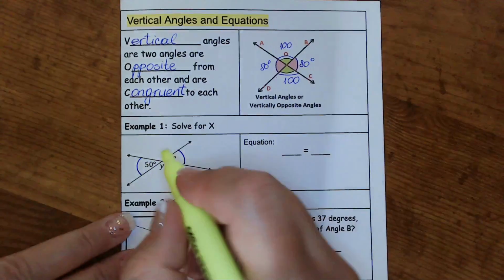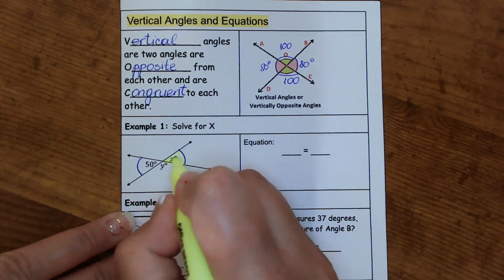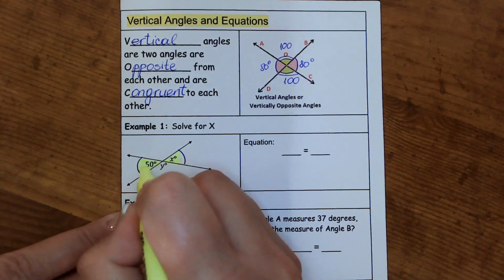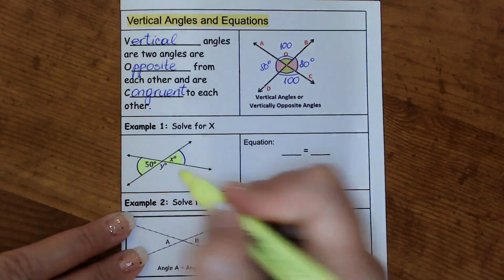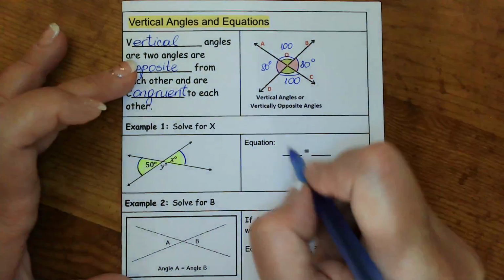So if I look at my angle x and I have to solve for x, it means my x value is 50. Why 50? Because the two opposite angles are congruent to each other. They are vertical.